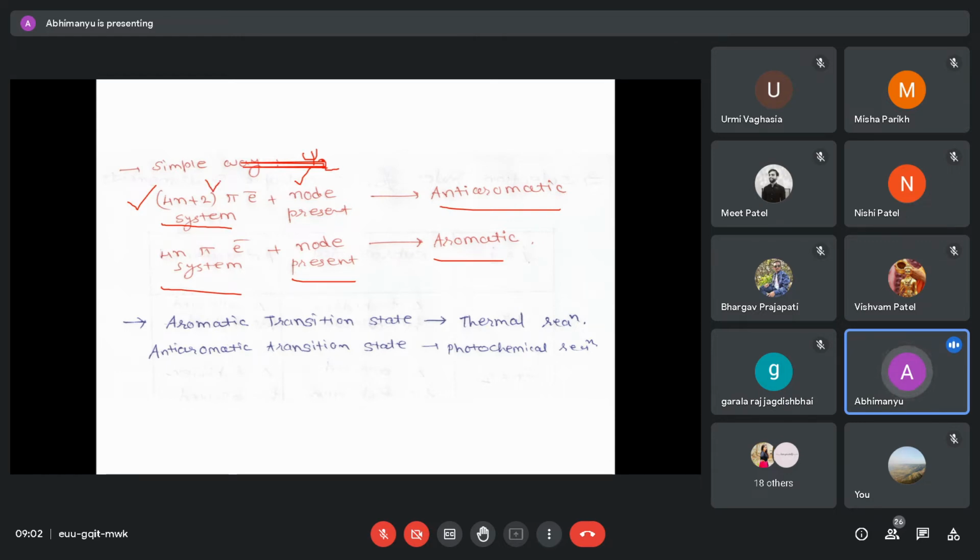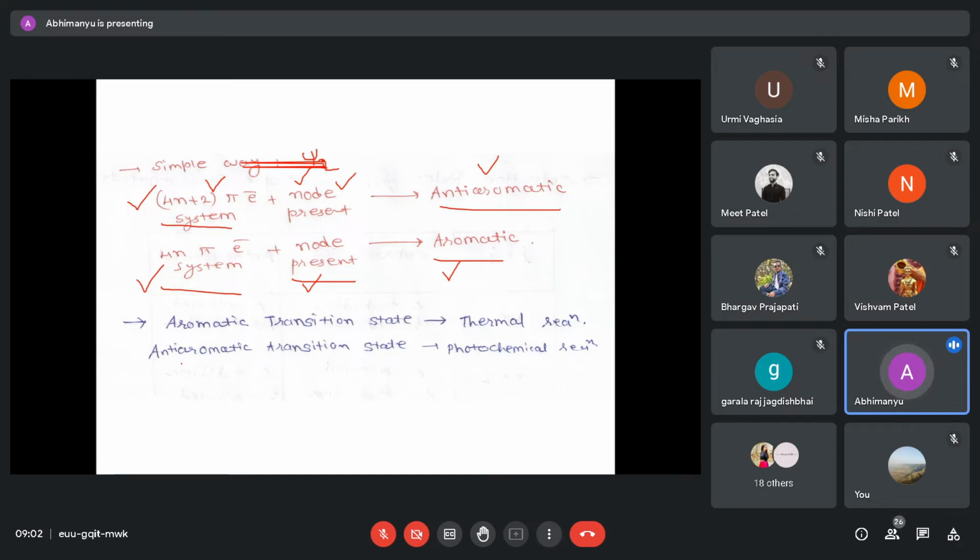So 4n plus 2 pi electron system, node present, anti-aromatic, and for 4n pi electron system node present, it will convert it from anti-aromatic to aromatic. And again, it is simple. The stability of the aromatic compound is always higher.